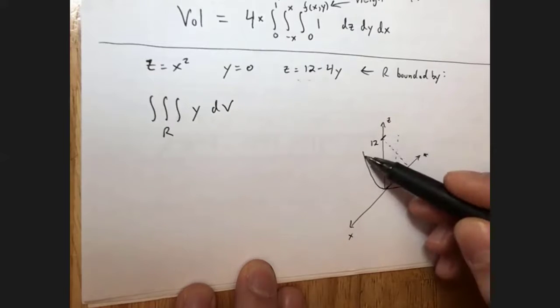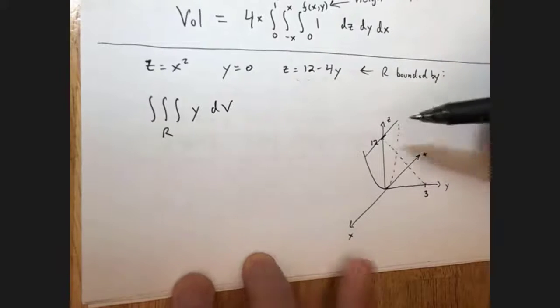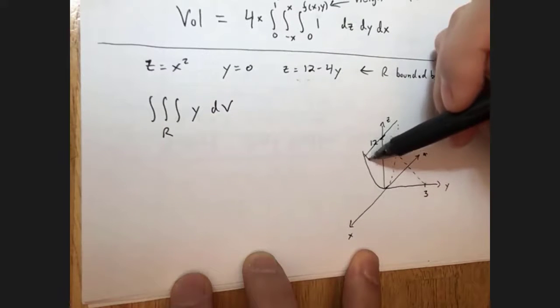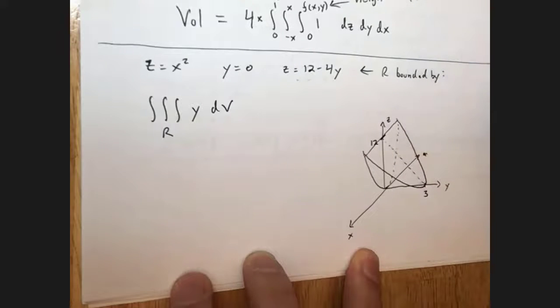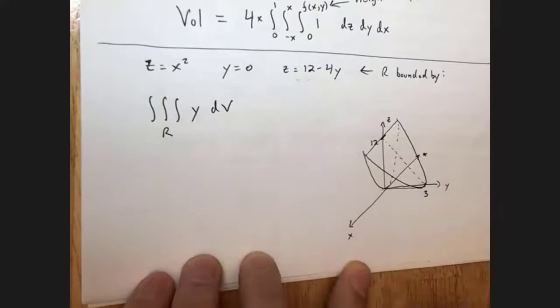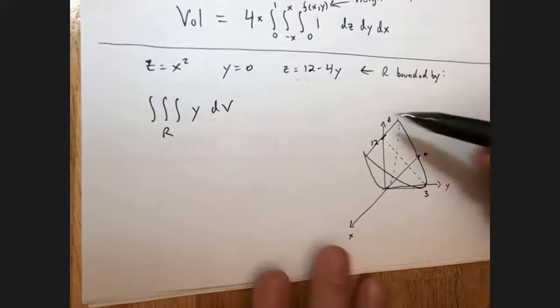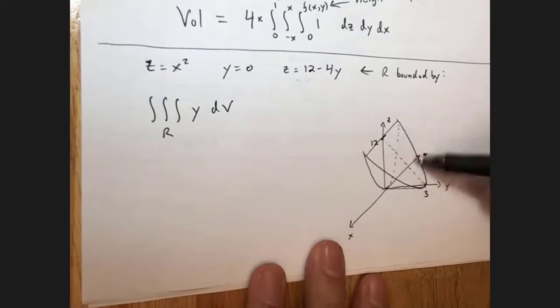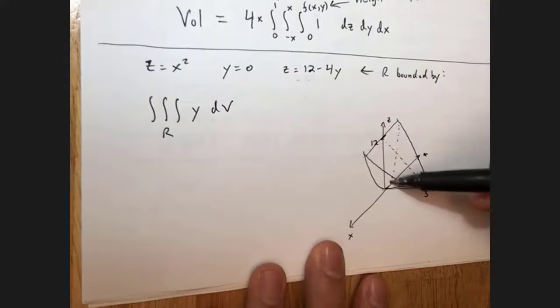So if you think about it, you get a shape that looks like this. This is the three-dimensional region. We're below this plane up here, but above this parabolic cylinder. That's this part down here.